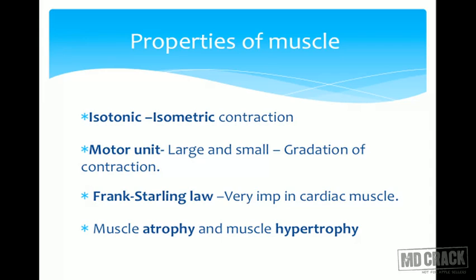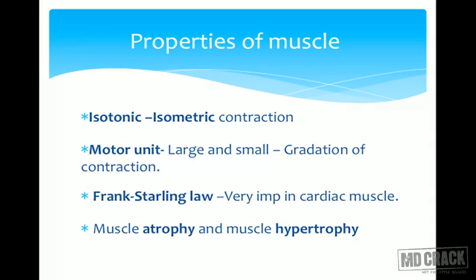Whenever the muscle fibers which are in the state of contraction get fatigued, slowly they will relax. At the same time, the other motor unit will contract. Even without my knowledge and without changing the length of the muscle as a whole, the motor units will exchange their work, so that the muscle can contract for a longer time without getting fatigued. So this is the importance of the motor unit.